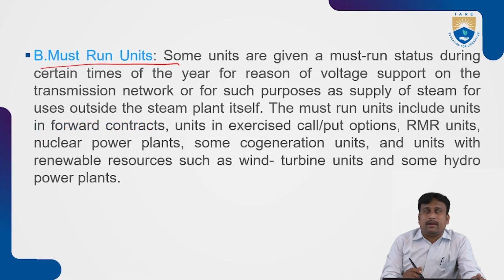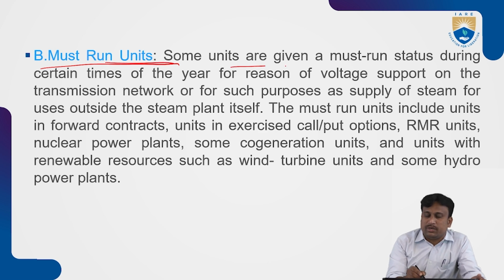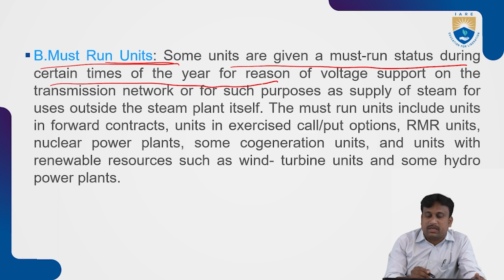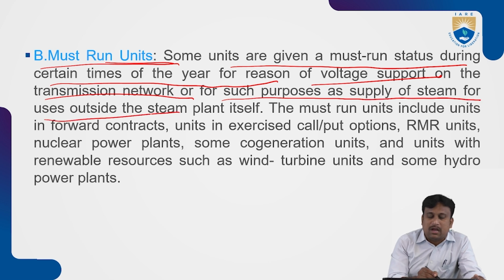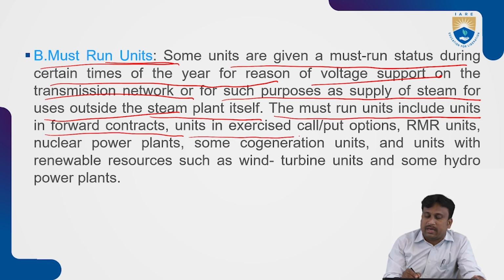Next, we should consider must-run units. Some units are given must-run status during certain times of the year for reasons of voltage support on the transmission network, or for purposes such as supply of steam for uses outside the steam plant itself. They must run, including units in forward contracts, and units that may be exercised or called for put options.